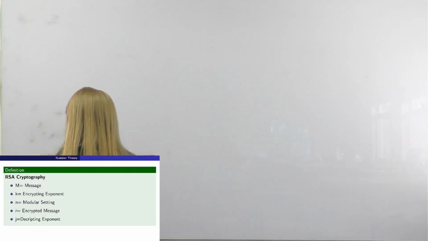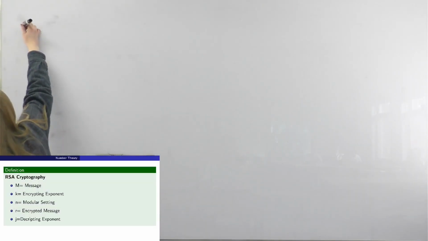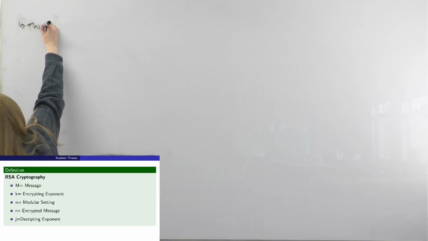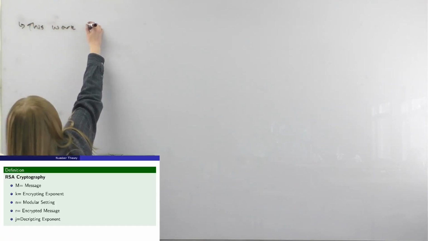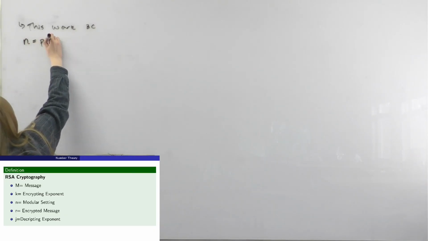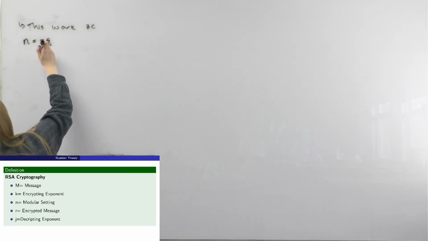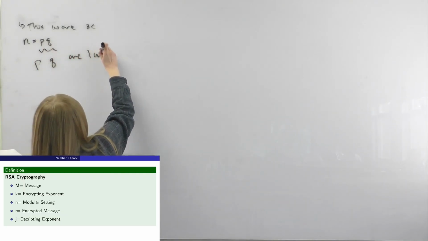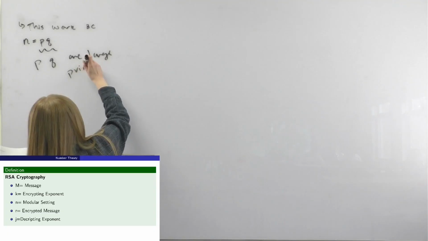I think just to give a hint to where we're going, this works because we're going to let N equal PQ, where P and Q are large primes. Okay?